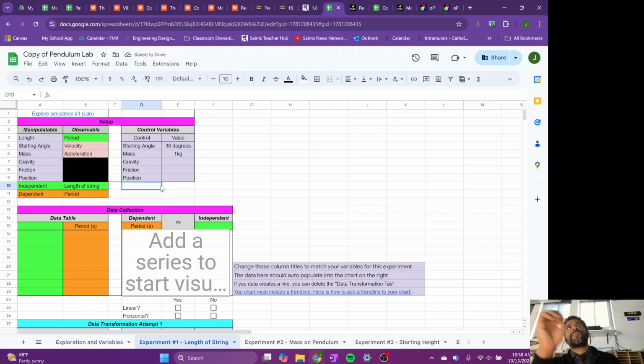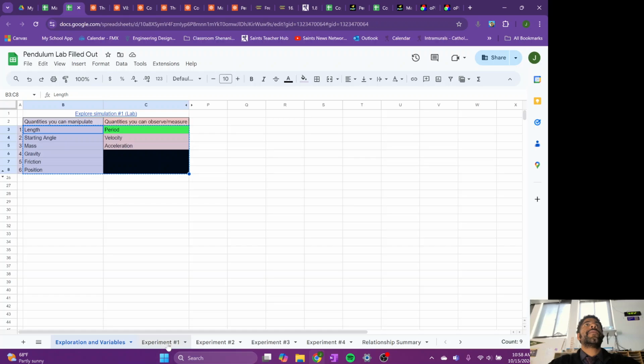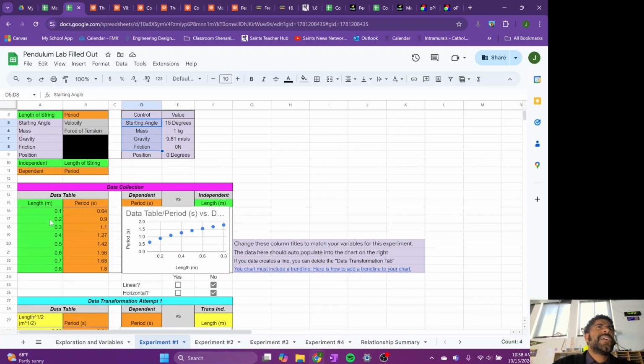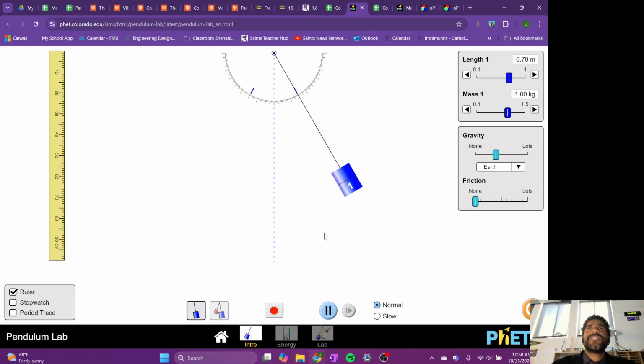Once I've gone through and made a list of all these different things, I'm going to set this up to where this is what it looks like if it were filled out completely. I take my data, and when the length is 1.1 meters, then I'm going to measure what the period is. All these different simulations have nice, convenient little ways of measuring the period.